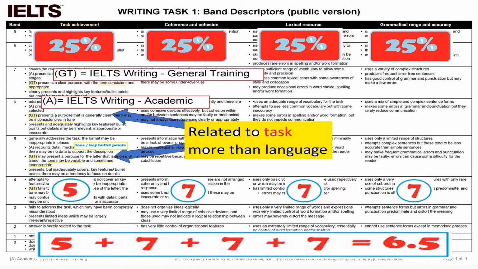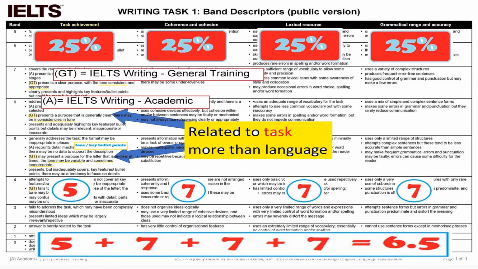However, with task achievement, the category on the left, they did not meet all the positive criteria for band 7 nor even of band 6 and so scored a band 5. Since each of these 4 categories is worth 25%, their total score fell to the average, 6.5, despite having band 7 grammar, band 7 vocabulary, and band 7 organization.